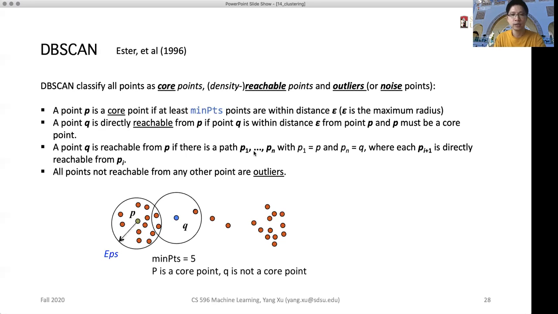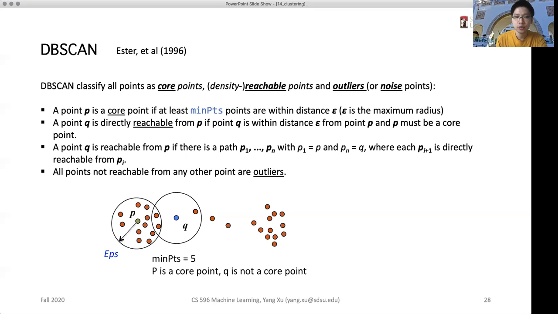For example, in the figure here, if we let the minimum points be 5, okay? So for example, using the green point P as the center, we use epsilon as a radius to draw a circle. Then of course we can observe there are way more than 5 points within the circle. So P is a core point.